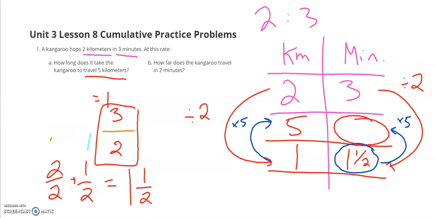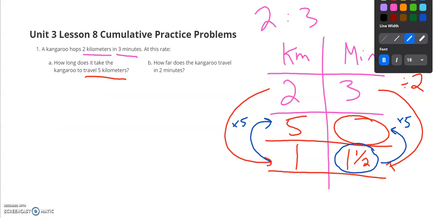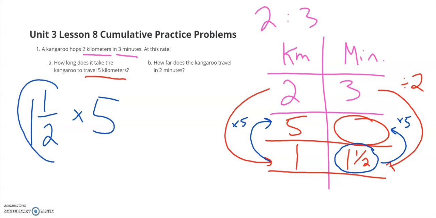I'm going to give us some space over here. So we are doing, no, we're not. We're doing 1.5 times 5. This means we have 5 of these. 1.5 times 5.